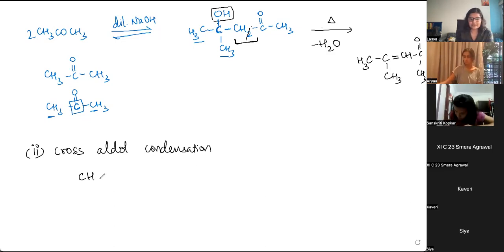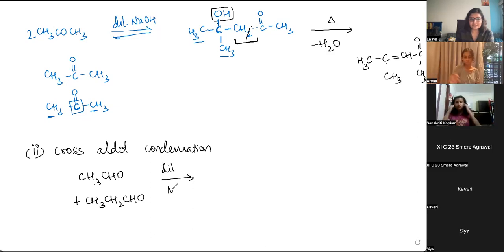So for example, if I take CH3CHO plus CH3CH2CHO, then again on heating with dilute NaOH, I get 4 different products.